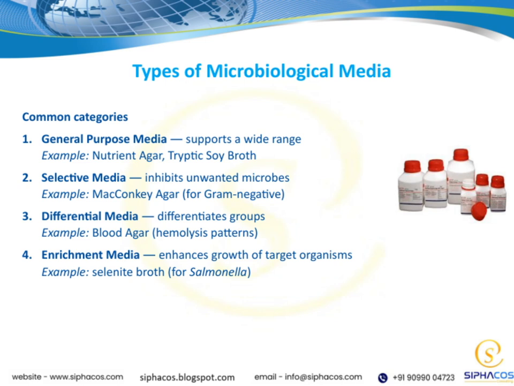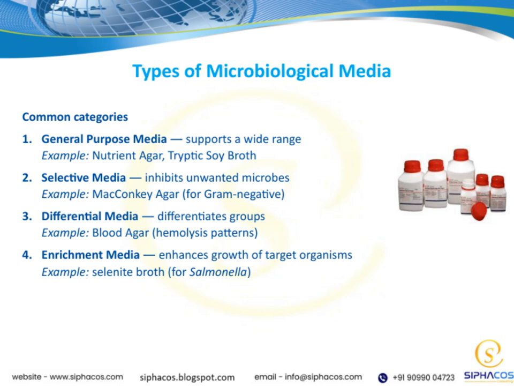Then we have differential media. These are particularly useful because they allow us to distinguish between different groups of bacteria based on their reactions. Blood agar is a classic example, as it reveals hemolysis patterns that help differentiate bacterial species. Finally, there's enrichment media.